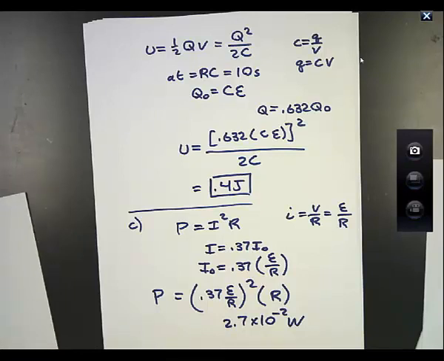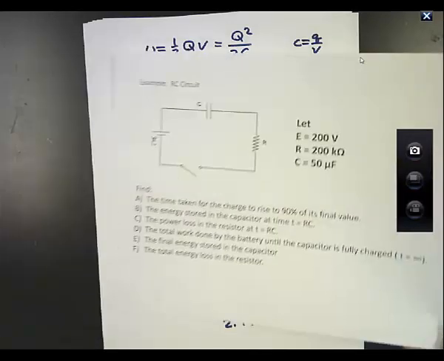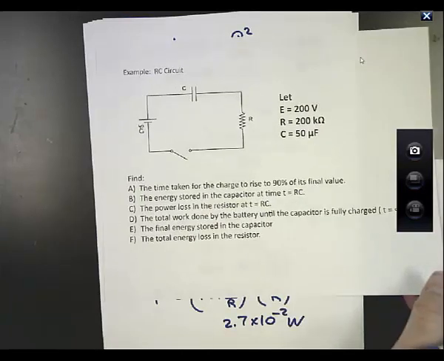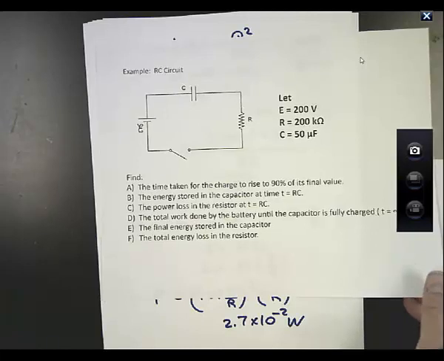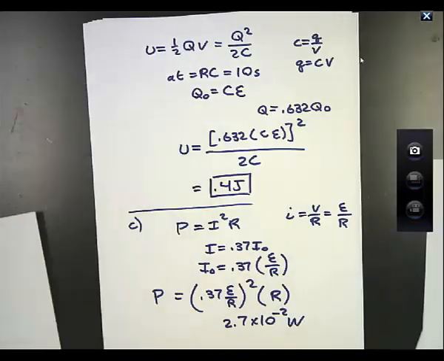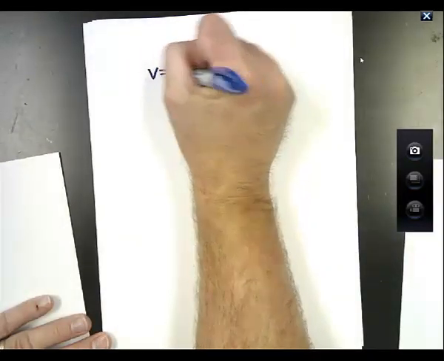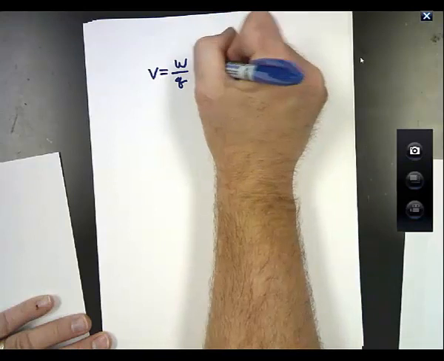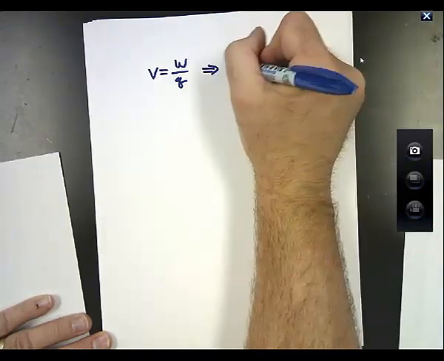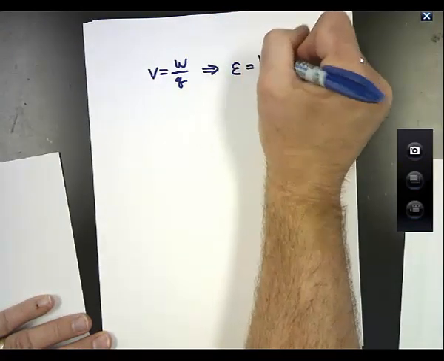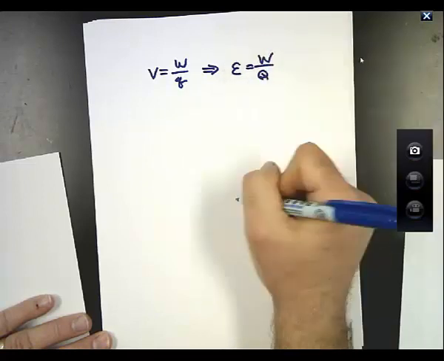The last two deal with the energy stored in the capacitor. What's the final energy stored in the capacitor? When this thing has finally made it to its maximal charge, how much? You can see my work there. We just say voltage is work over charge. So in the language of this particular circuit, EMF is equal to work over charge.